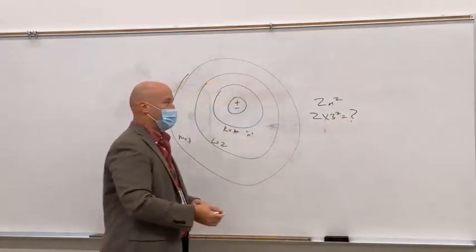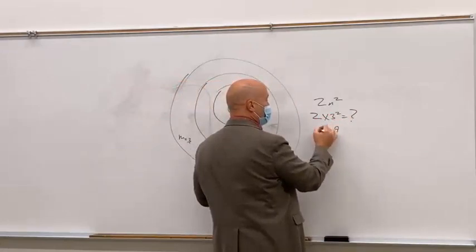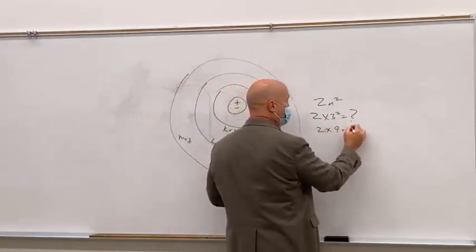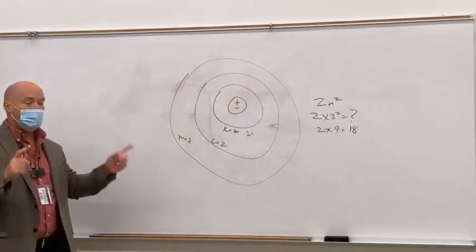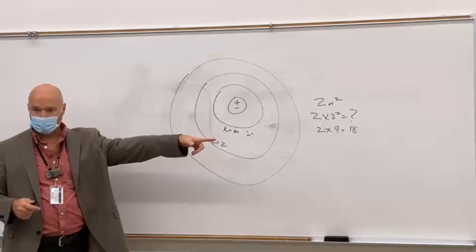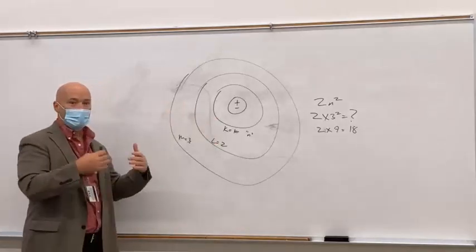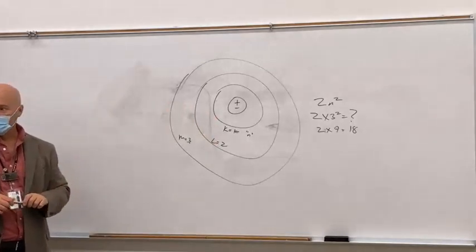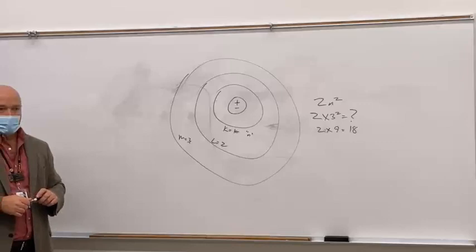What's your order of operations? You have to deal with the exponent first, so 3 times 3 is 9, and 2 times 9 equals 18. So number one is that the maximum any shell can hold is 2n squared. The maximum number for the outer shell, regardless of what the outer shell is, how many? 8, right?